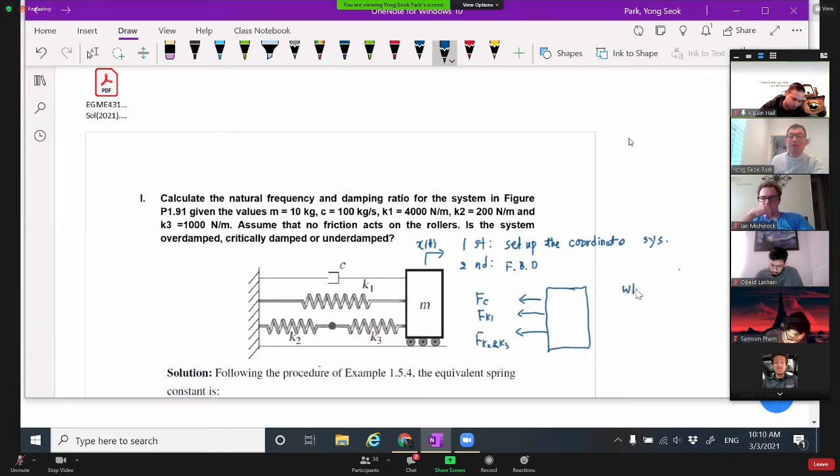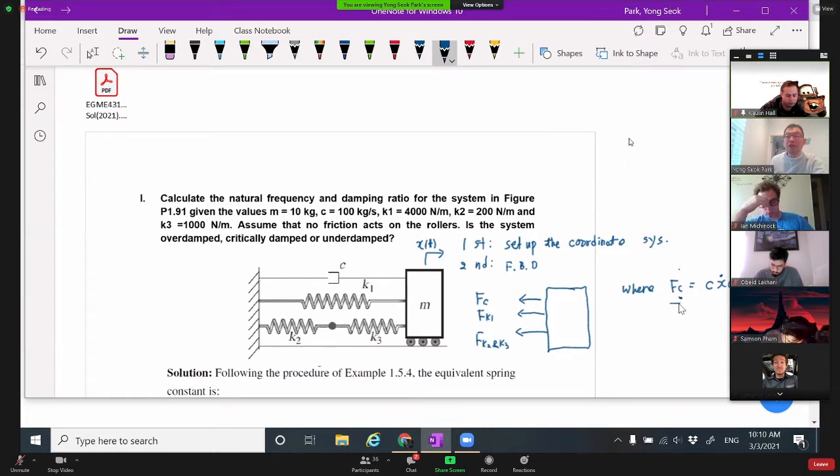What is FC, by the way? Due to the damper. The force due to the damper is always proportionally increased by the damping coefficient C, and that is proportional to the velocity. Remember that?